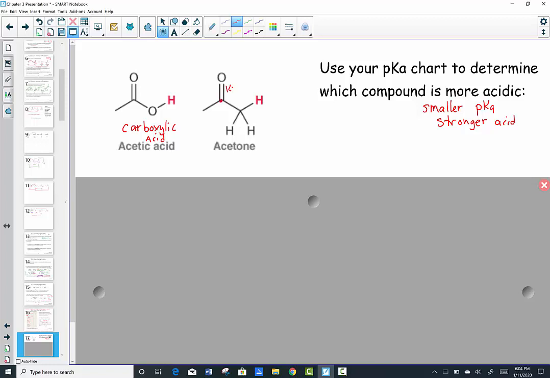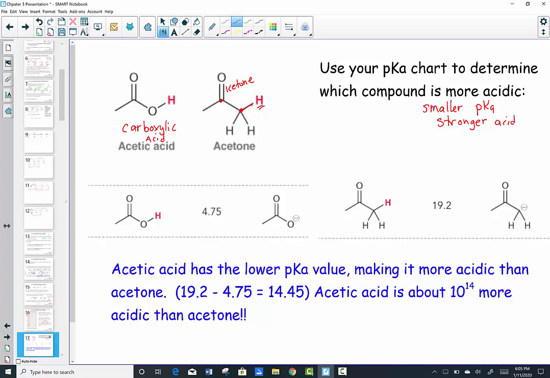This carboxylic acid, I found the value on my pKa chart to be 4.75. Notice this is the carboxylic acid. This is its conjugate base. Then I went to work and found this structure matching the acetone and found its value is 19.2. Now that I have the answers in terms of pKa values, it's quite simple. The smaller the number, the stronger the acid.